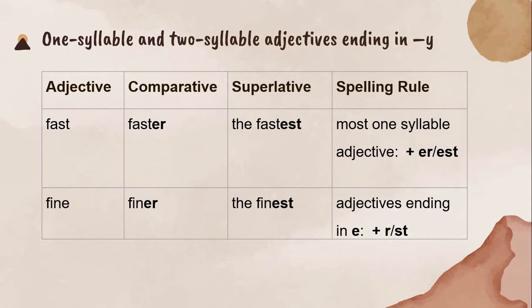And there are adjectives ending in the letter E. For these, we just add R or ST at the end. For example, the adjective fine becomes finer as a comparative, and the finest as a superlative.